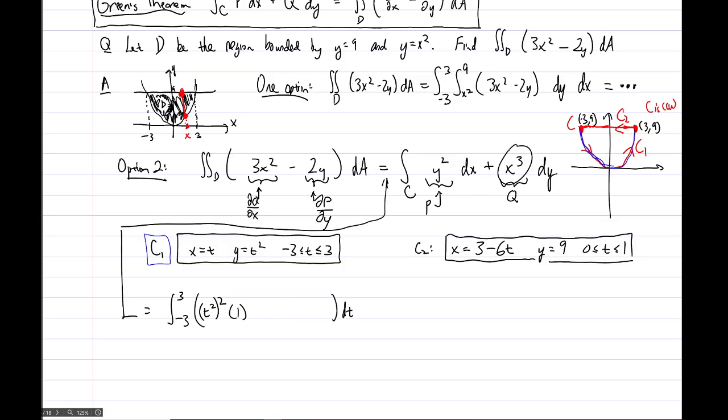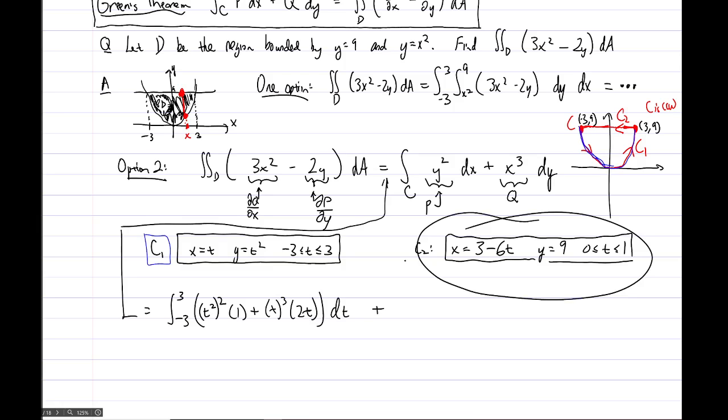So there's the x cubed, so plus x is t, so t cubed, and then dy, so we need the derivative of t squared, which will be 2t.